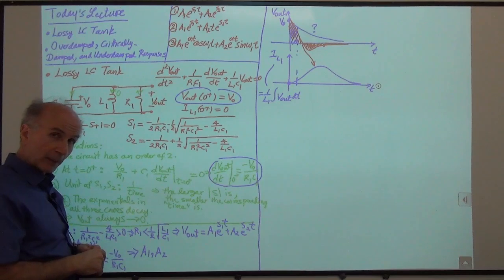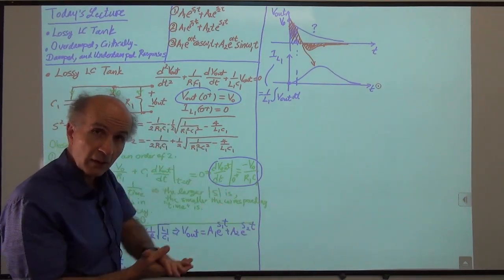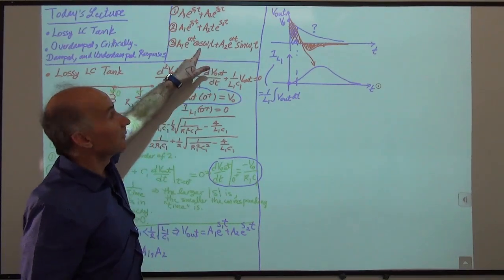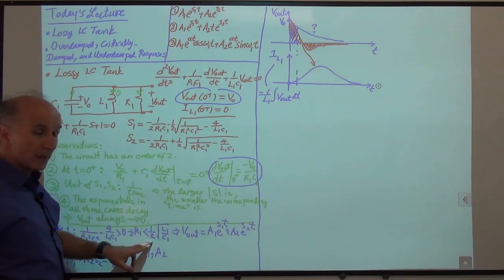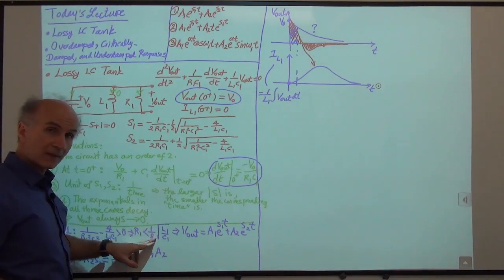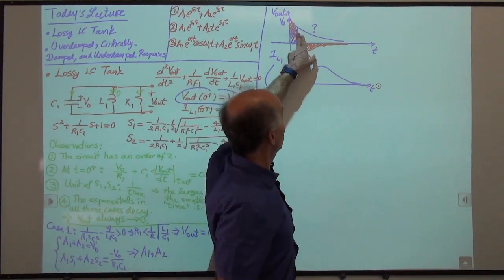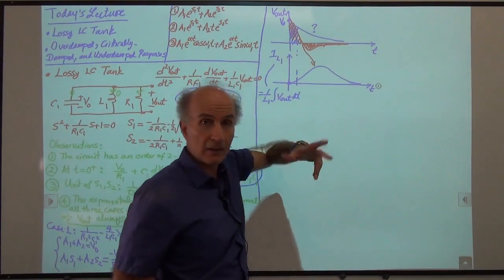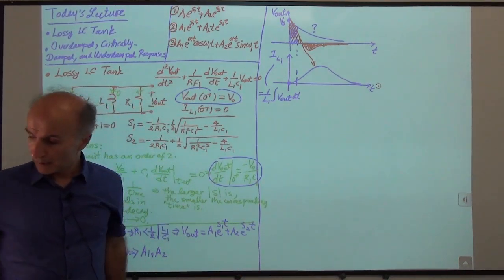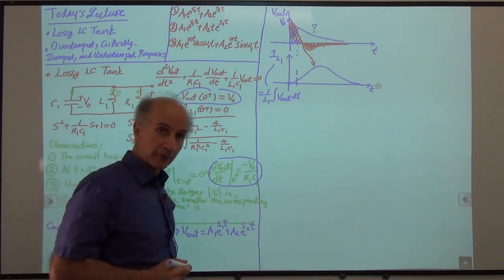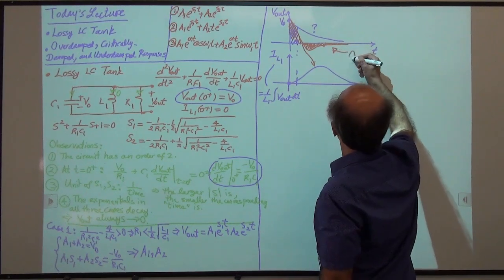So as we will see in a moment, yes, we could see that decaying sinusoid only in this case, if R1 is actually greater than this value. But if R1 is less than this value, we don't see that. We see a little bit of dip here, but we don't see any sort of oscillation, decaying oscillation in the response. Okay, so this response is called an overdamped response.